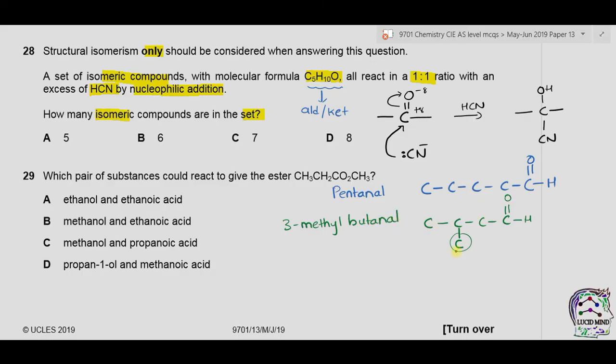Again we can rearrange in such a way that the long chain is of 3 carbon atoms only, and with the central carbon 2 methyl groups are attached. Still there are 5 carbon atoms in total. And as 2 methyl groups are attached to the second carbon, the name is 2,2-dimethylpropanal.